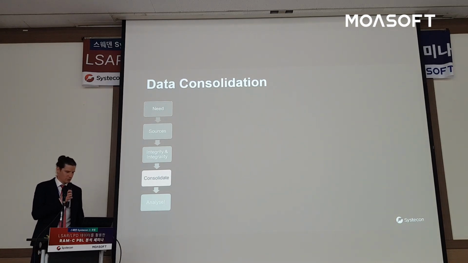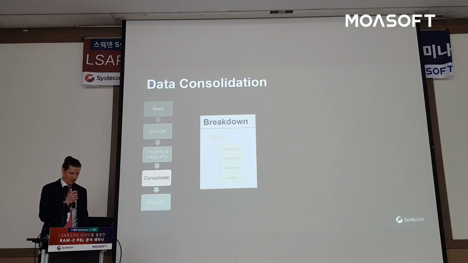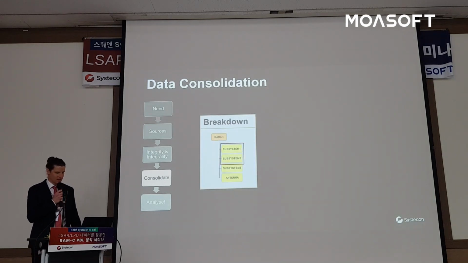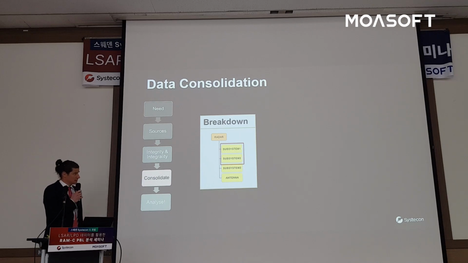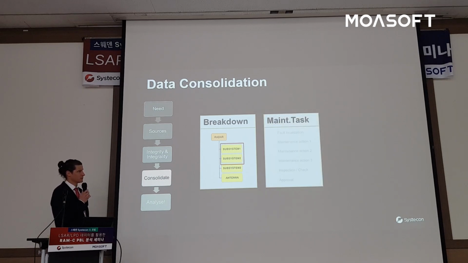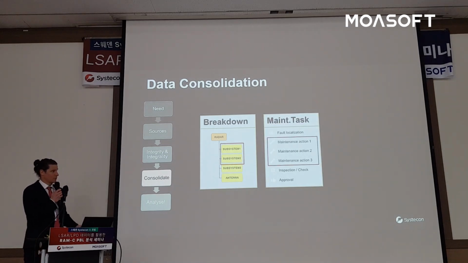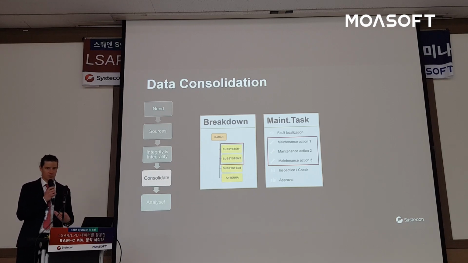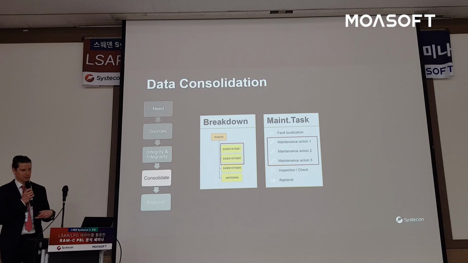Okay, we're getting close to the end here, so consolidating the data. It might be that for our analysis, at this point in time, we're only interested in the first two subsystems, so we don't have to gather information about the other two. Maybe we're only interested in maintenance performed at a certain level, because that's what concerns us at the moment.